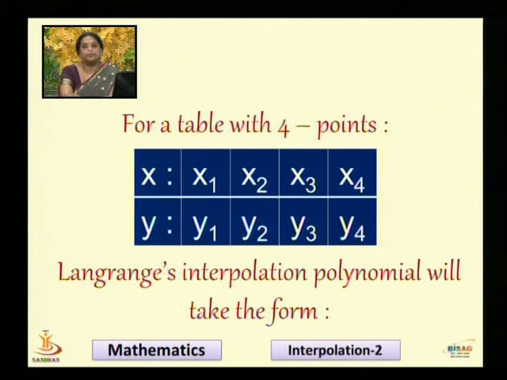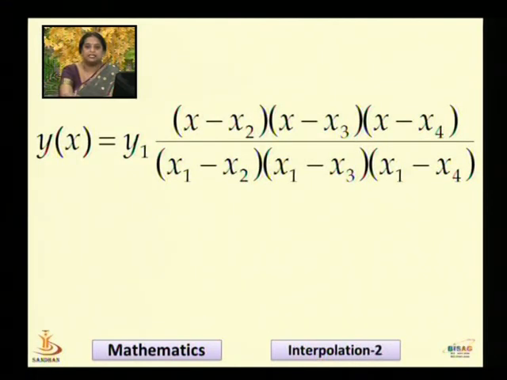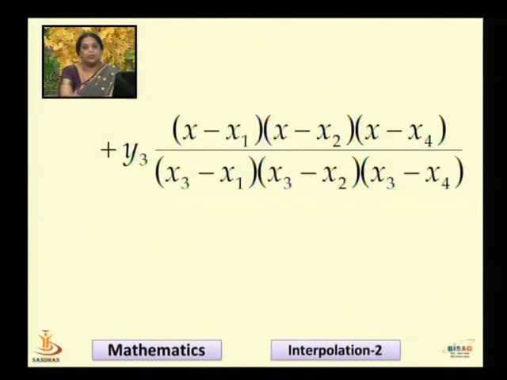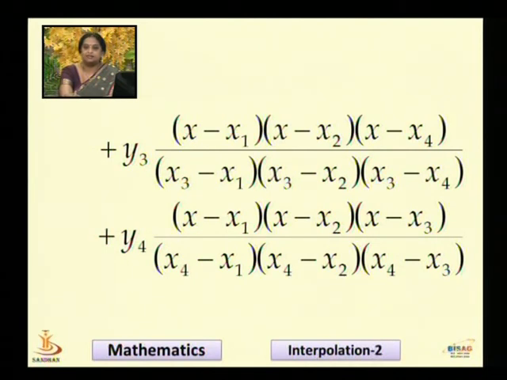In such a case, Lagrange's interpolation polynomial will now take the form y of x is equal to y1 into (x minus x2)(x minus x3)(x minus x4) divided by (x1 minus x2)(x1 minus x3)(x1 minus x4), plus y2 into (x minus x1)(x minus x3)(x minus x4) divided by (x2 minus x1)(x2 minus x3)(x2 minus x4), plus y3 into (x minus x1)(x minus x2)(x minus x4) divided by (x3 minus x1)(x3 minus x2)(x3 minus x4), plus y4 into (x minus x1)(x minus x2)(x minus x3) divided by (x4 minus x1)(x4 minus x2)(x4 minus x3).